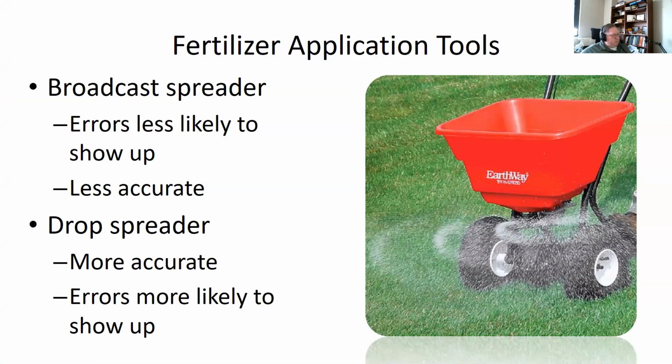So what I like to do on the broadcast spreader is, if I have actual rates that will work, a lot of times if you buy Scott's fertilizers, they have rates that only are for Scott spreaders. And if you have an Earthway or a different brand, sometimes they don't match up. So what I'll do is put my spreader on a fairly low setting, knowing that I'm under applying.